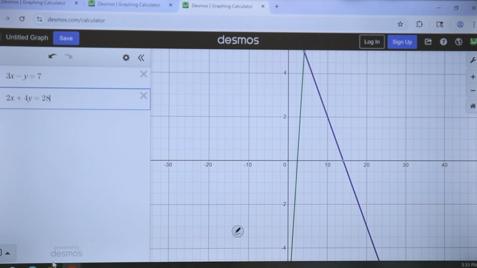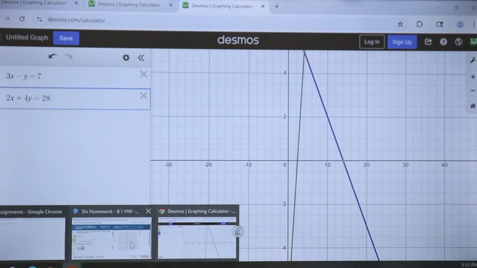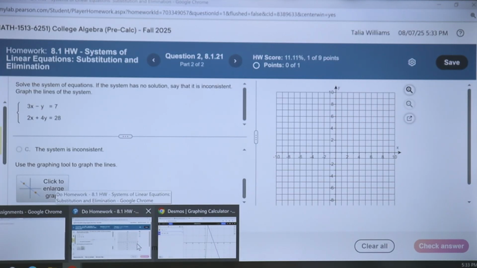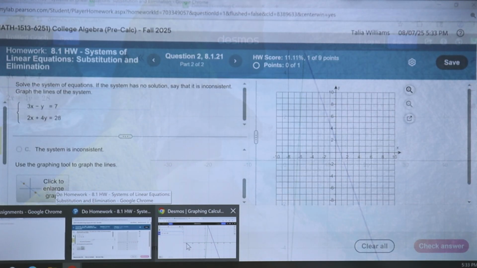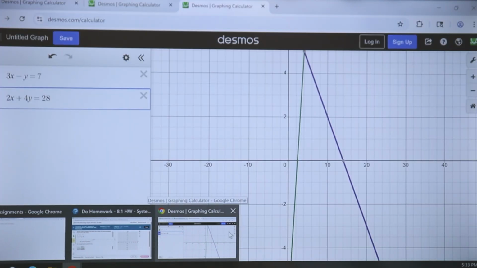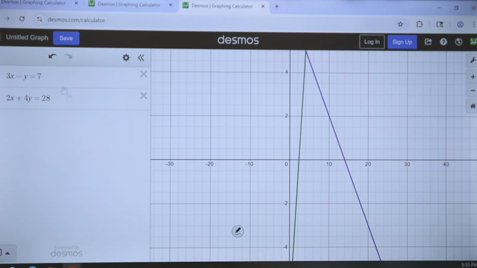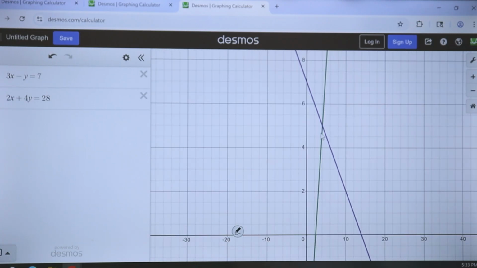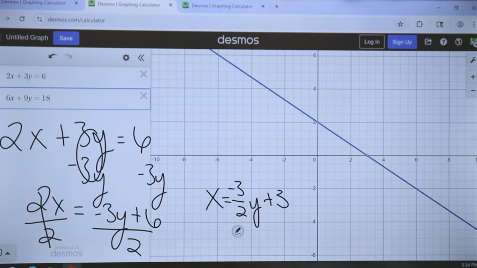We'll double check that. 3x minus y equals 7. 2x plus 4y equals 28. And so I typed both of the equations in, it popped up my graphs, and then if I check it, 4, 5, and that's what we got. So it's super easy to use Desmos. It's really great to check all your math.